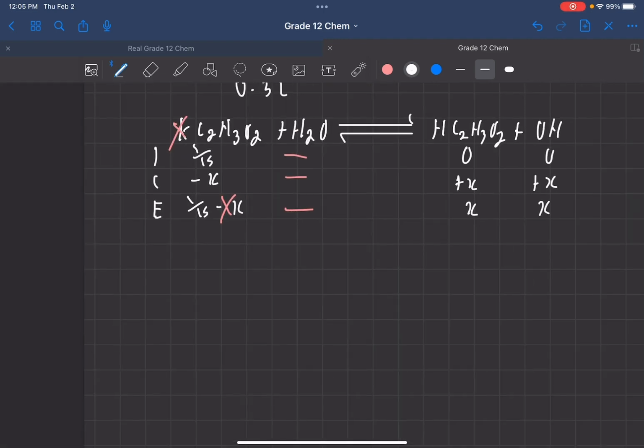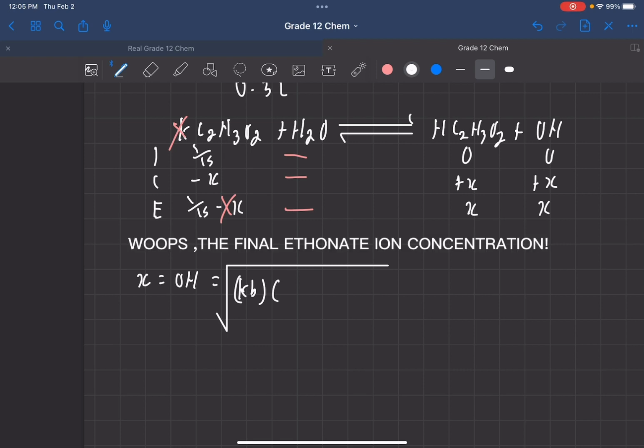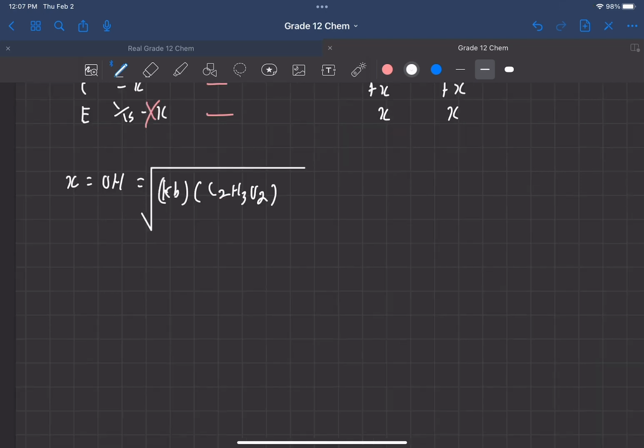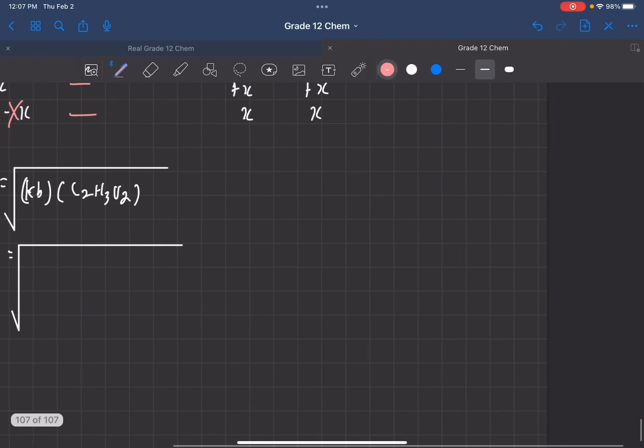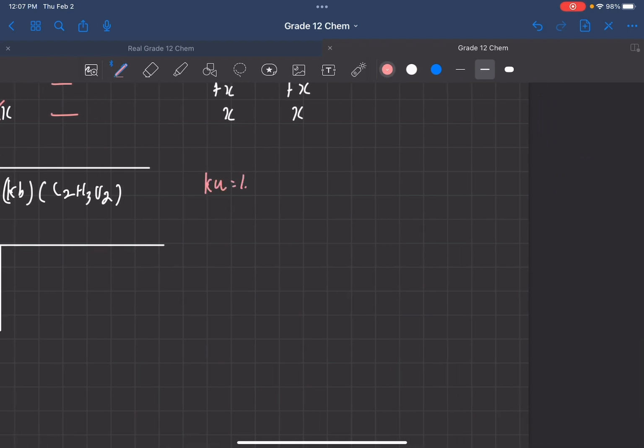So if we rearrange the equation, we end up getting the hydroxide concentration, which is x, so we can say that OH is equal to the root of the Kb times the initial ethanate ion concentration, C2H3O2. All right, so our hydroxide concentration equals the square root of the Kb. Well, we have the Ka from the question, right? So the Ka is 1.8 times 10 to the negative 5.